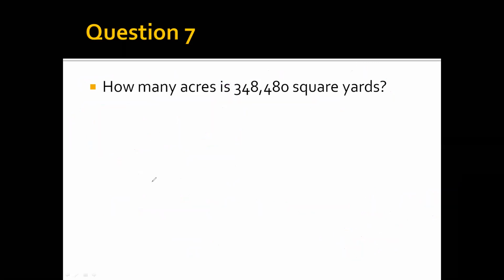So we know we came up with an answer of 72. So let's take our 72 acres. We're going to check our answer. We're going to multiply our 72 acres to find out how many square feet we have by 43,560.